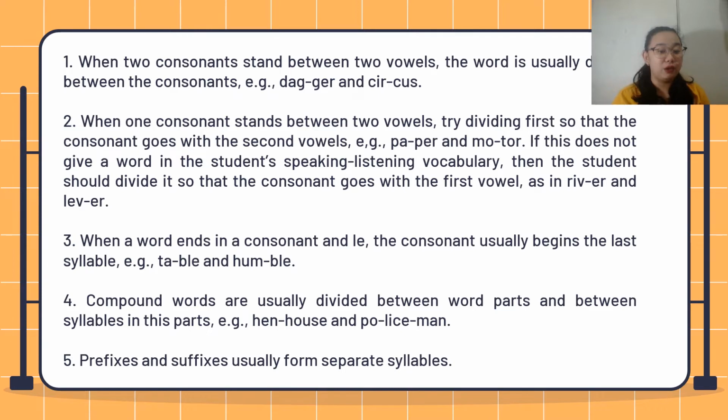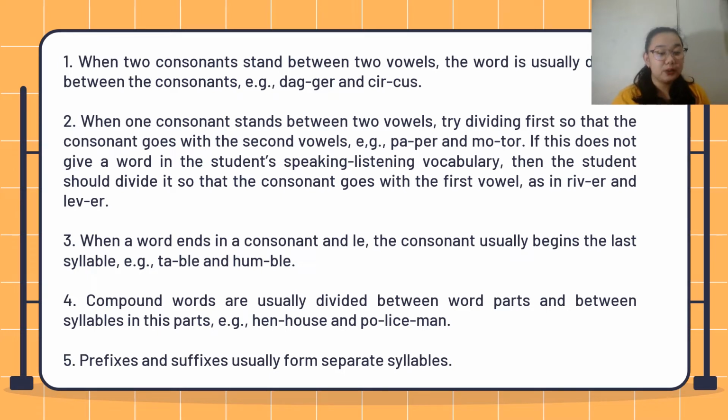If it does not give a word in the student's speaking listening vocabulary, then the student should divide it so that the consonant goes with the first vowel, as in river and lever. When a word ends in a consonant and letters LE, the consonant usually begins the last syllable.